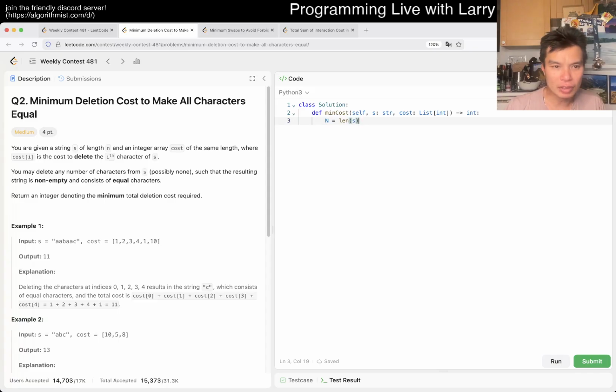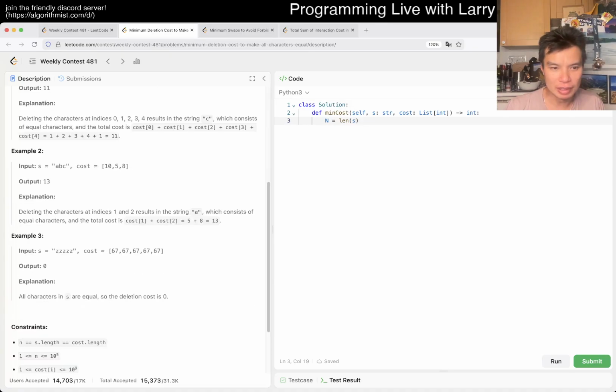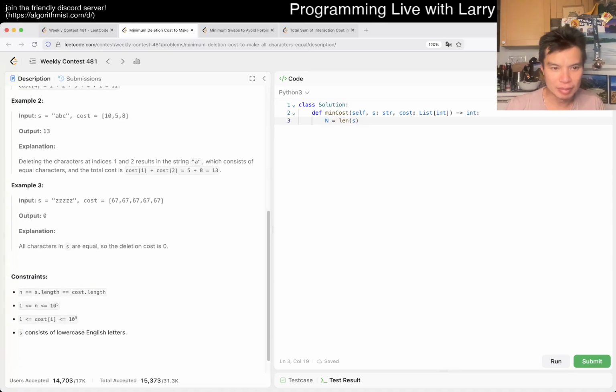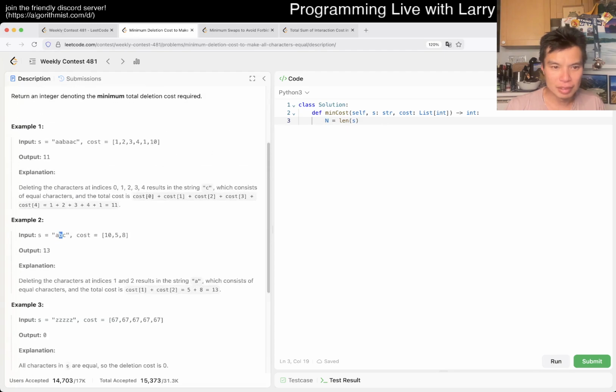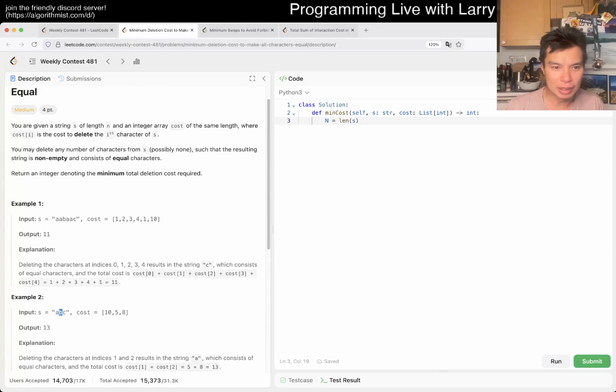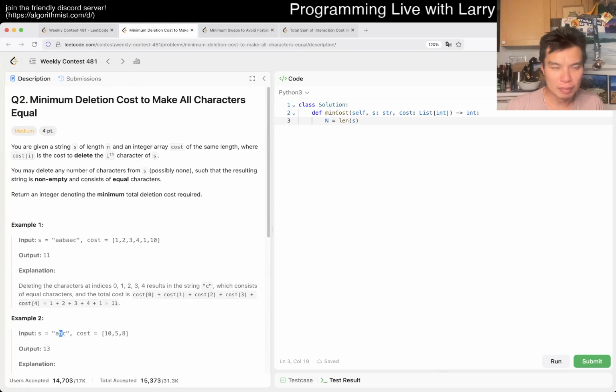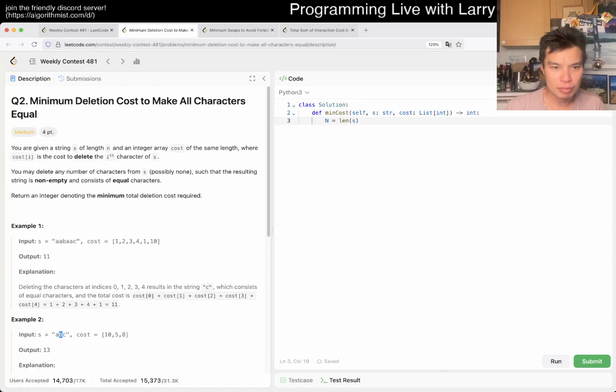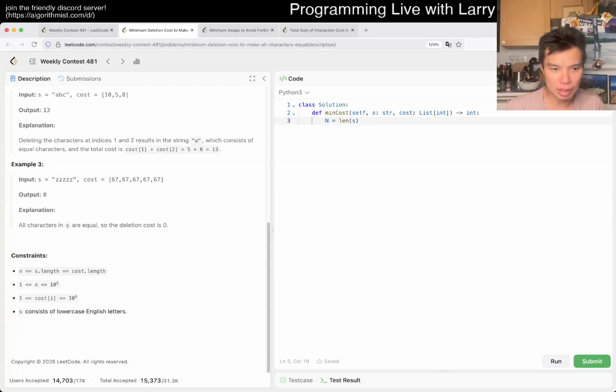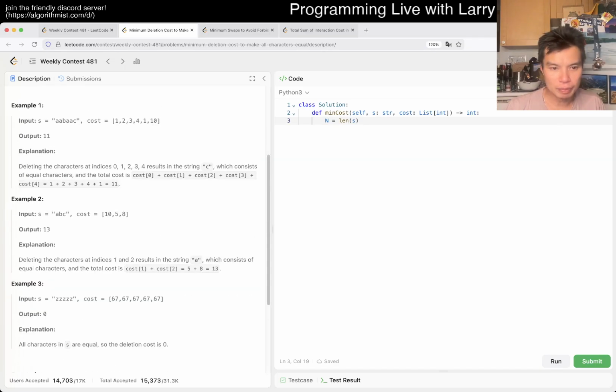Non-empty and consist of equal characters. What does equal characters mean? They're the same? The person who wrote this probably did not speak English. Non-empty. I guess it always has to be non-empty. Okay.